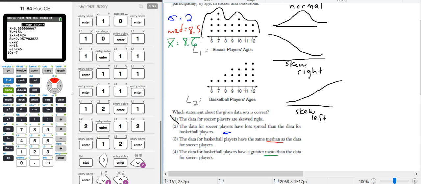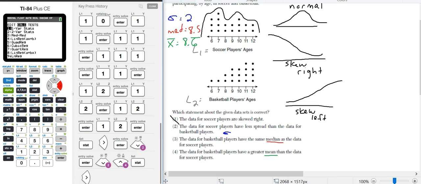And now we're going to calculate the standard deviation, the median, and the mean for the basketball players. So we're going to press Stat, right arrow to Calc, enter over 1-Var Stats, 1 variable statistics. Now we're getting our data from L2, so we're going to press second 2. When we press the second button, we're pressing the little blue symbols above each button. So when we press 2, we're going into L2.